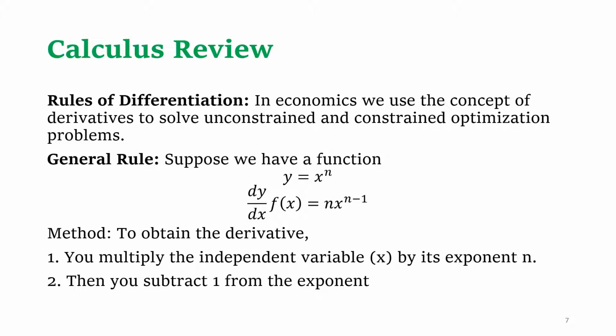So I have to multiply that independent variable by the exponent, and that exponent is n, right? I have to multiply that by n, and then finally I subtract 1 from the exponent, and that gives me my derivative. So if I am able to understand this one, then I will know exactly what to do with the others. So basically, this is what you will need to know. Okay?